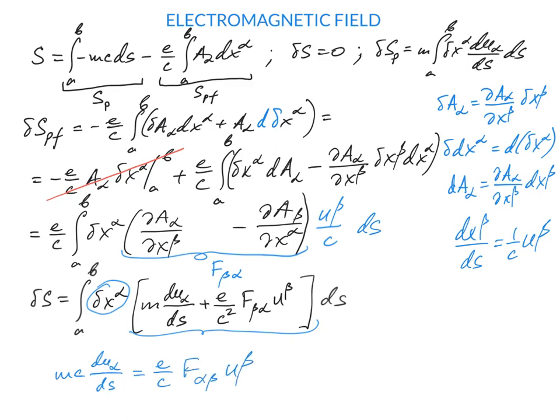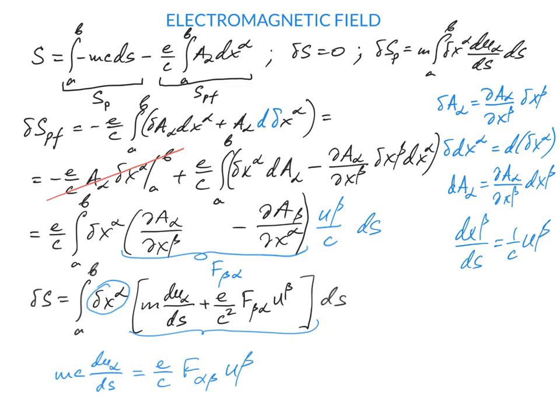So here I have interchanged the indices of beta alpha to alpha beta. That changes the sign because the tensor f is anti-symmetric, so I take it to the right with a positive sign. So this is the equation of motion written for u with a covariant index.